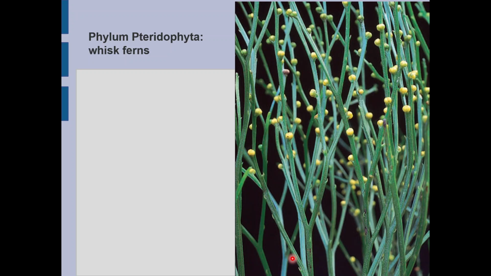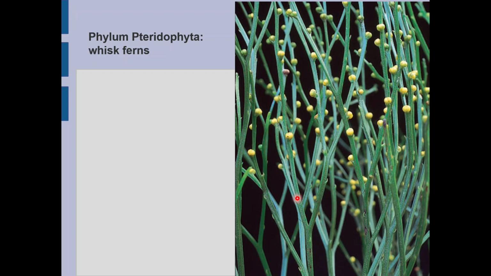When the stem branches, it always divides into two equal halves, like this stem divides into this and this. These are equal. And this is dichotomous branching.